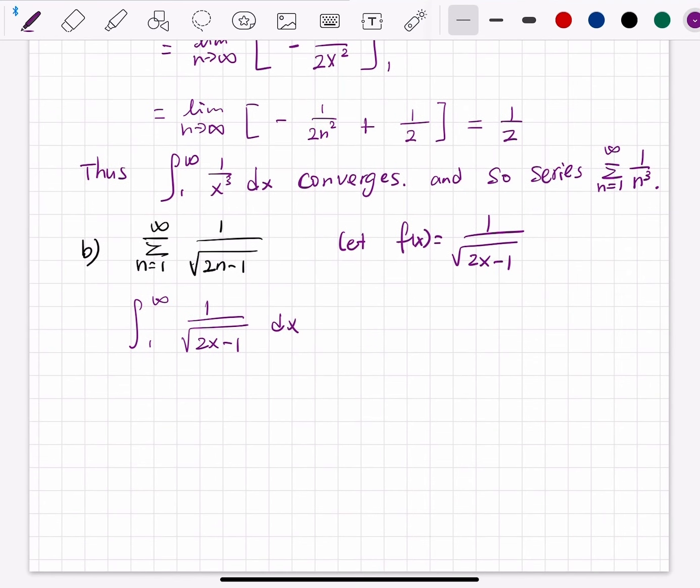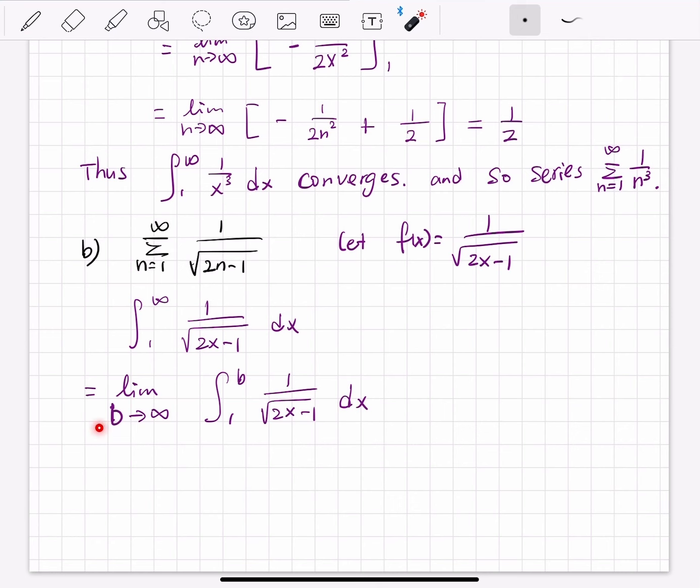We're going to take the limit as b goes to infinity of the integral from 1 to b of 1 over square root of 2x minus 1 dx. You can choose any letter here. It is a way to note that this is not going to be infinity anymore.